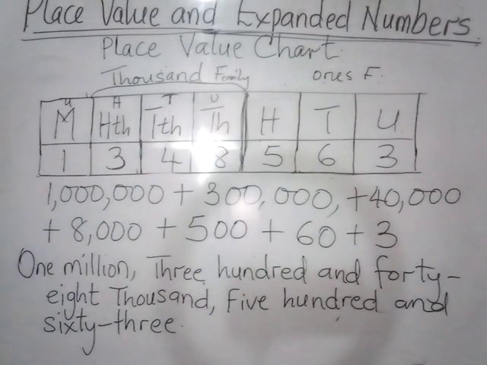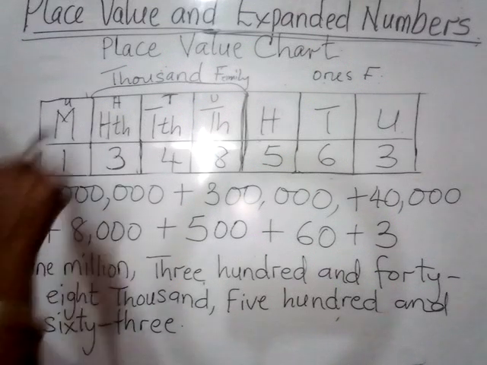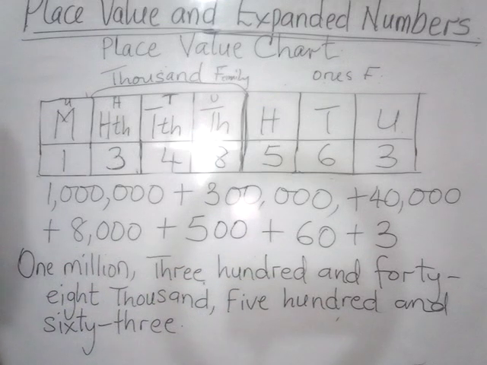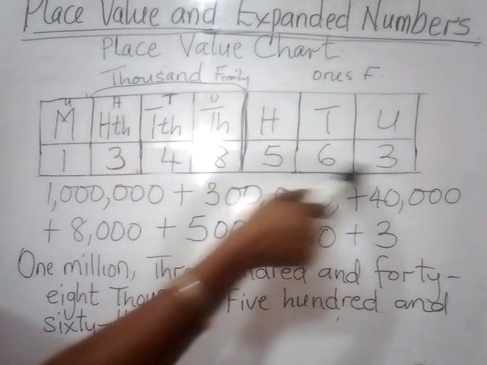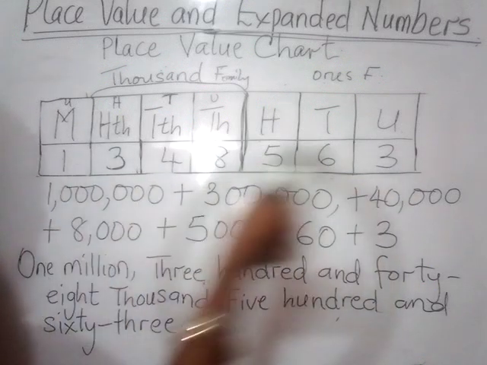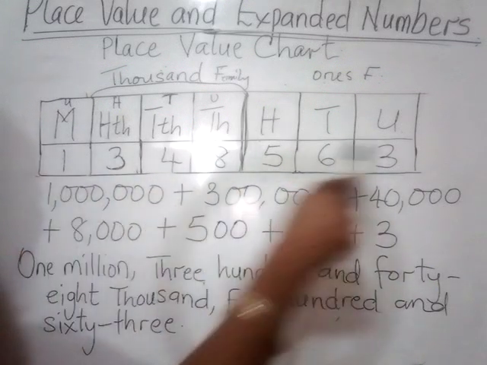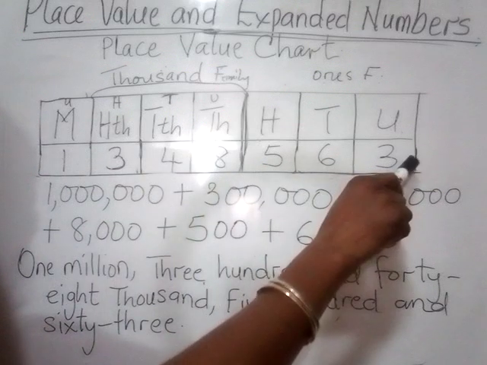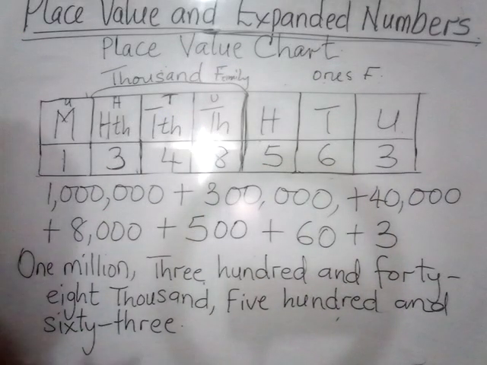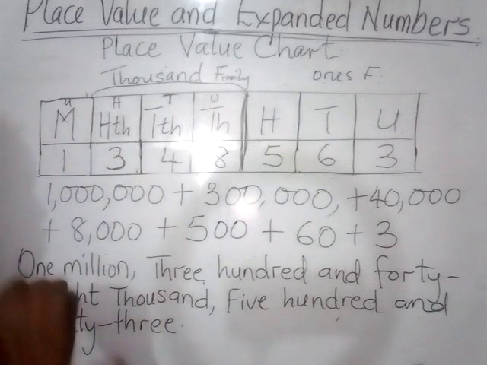And I'm going to show us one more thing. We have seen how the number is expanded. And please, before we move on, I would like to quickly mention that this form in which this number is written is called the standard form. When you write numbers the way we know numbers to be written, okay, that is called standard form.